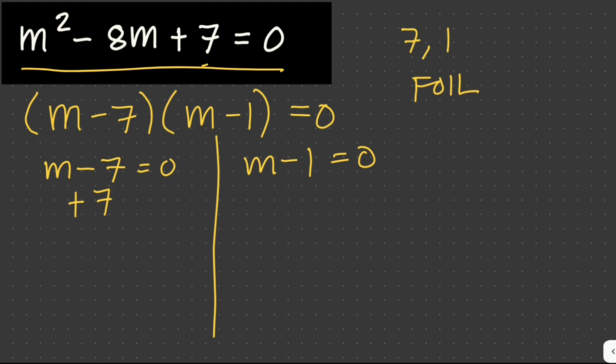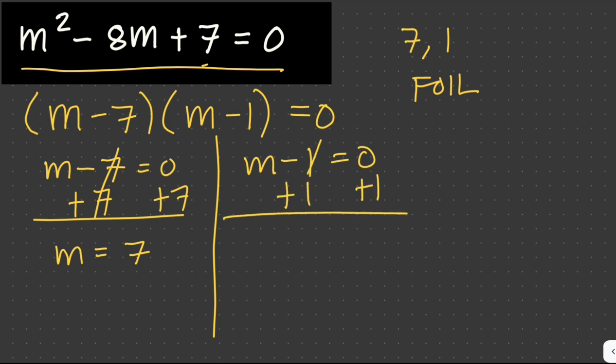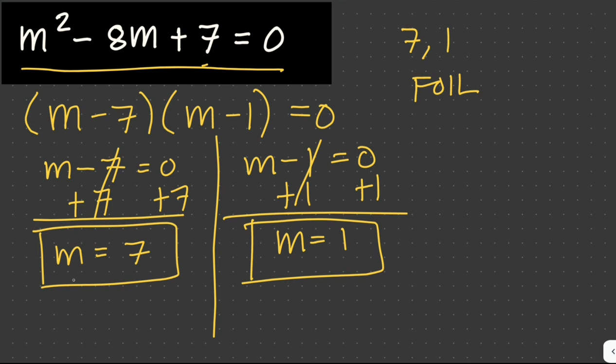Then we add 7 to both sides, then m is equal to 7. And here we add 1 to both sides, then m is equal to 1. Therefore, the values of m here are 7 and 1.